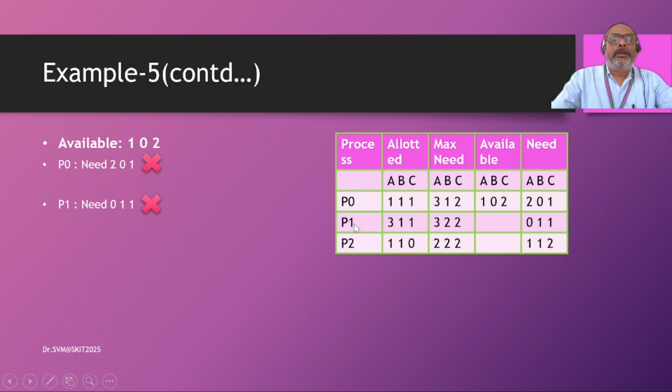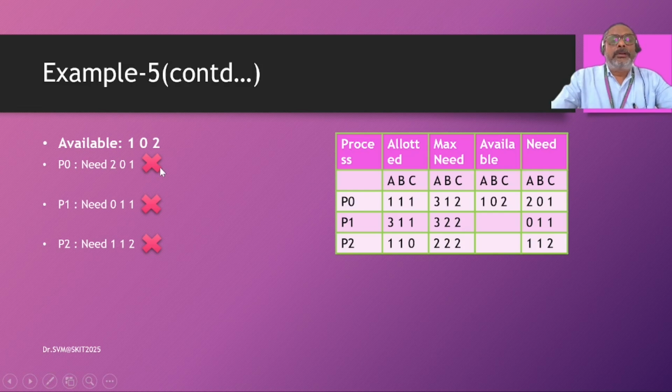And since P1 cannot continue its execution, the allotted resources 311 are still with P1, none of them will be released. Now let's check, can we continue with P2? Same problem with P2, that means it also requires one instance of B and we have none, and hence P2 also cannot continue.